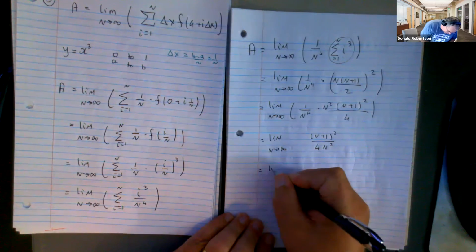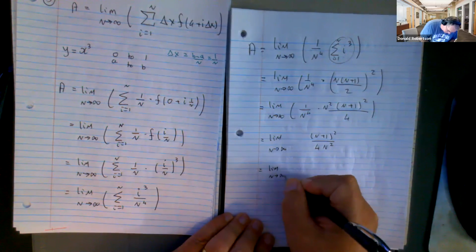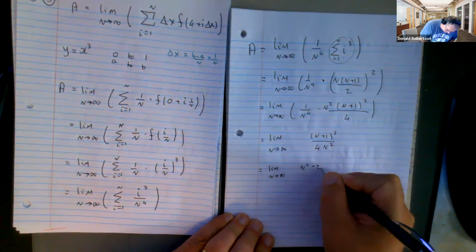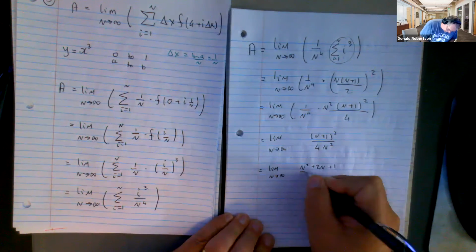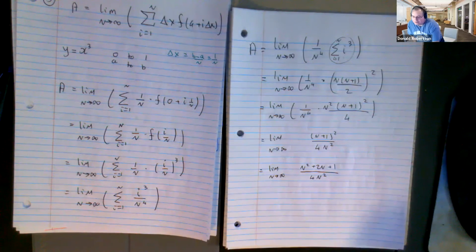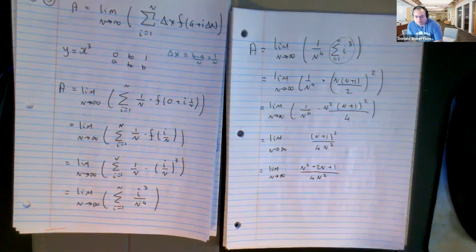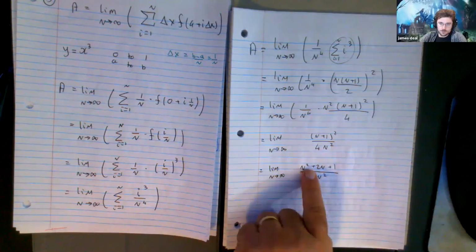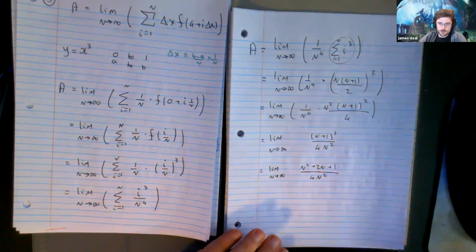If I FOIL out the top, we get that. Haven't we finally reached a place that we actually know what to do? What's the limit of that going to be? How will we find it? It's the first terms, right?